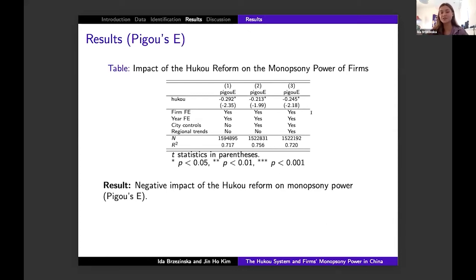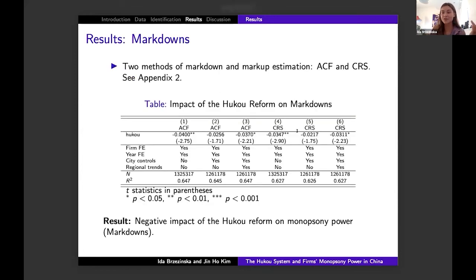And this is robust across specifications. So even if we add city controls, even if we control for the regional trend, that still holds. But to make it more robust, we also test this against the measure of the markdown, our alternative variable for capturing monopsony. The ACF and the CRS just mean there are different ways in which we estimated the markdown, and that depends on our assumptions about the production function.